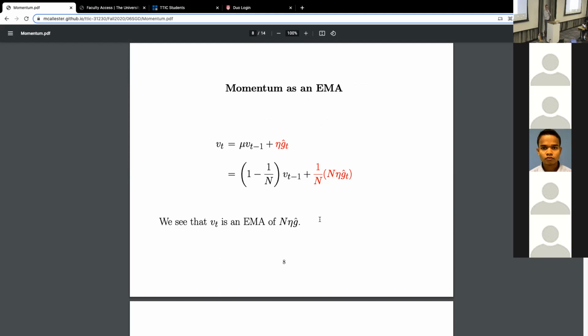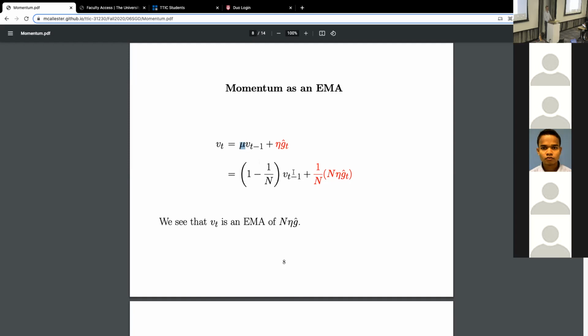So this is the momentum parameter. This is the heavy ball momentum equation right here, the equation that you'll find for momentum in PyTorch. And I'm going to replace this parameter, a number near 1, with 1 minus 1 over n. It's just a reparameterization. I'm just going to use n instead of the mu.